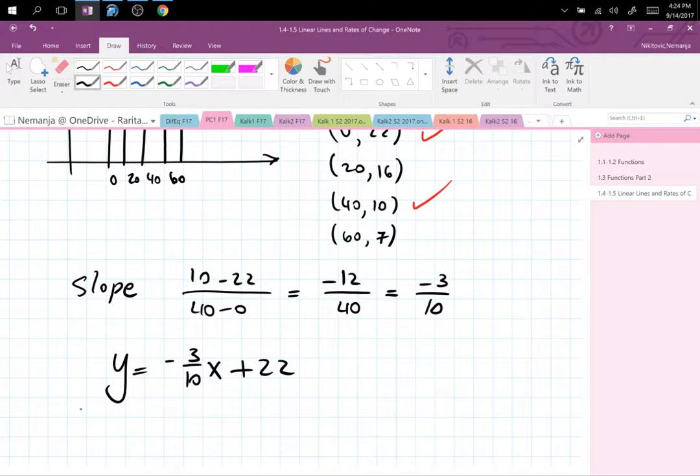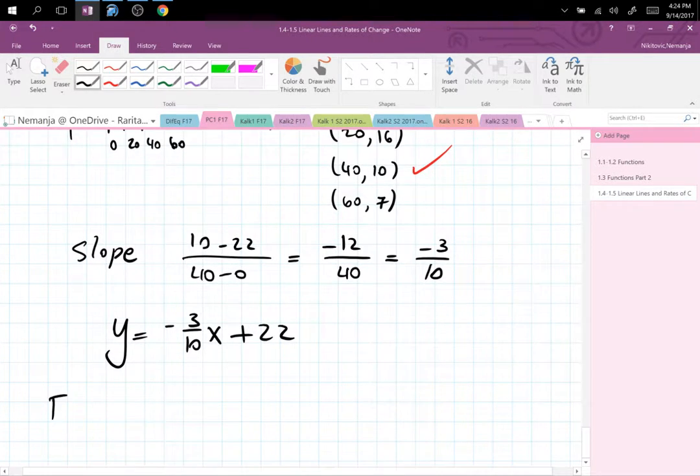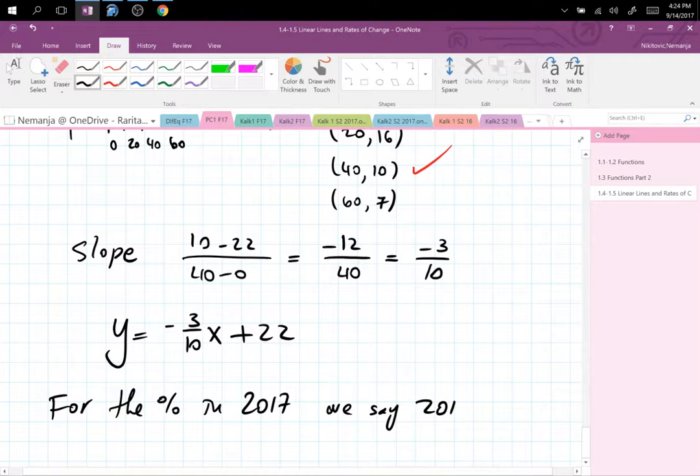Well, this was just the food side. So we would see what's happening on the food side. So for the percent in 2017, we say 2017 minus 1950 is equal to 67.